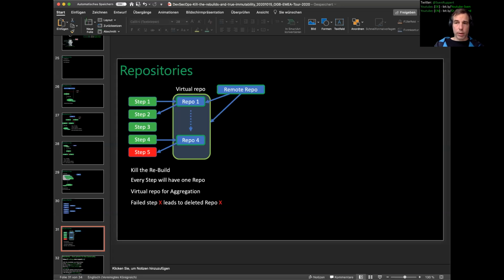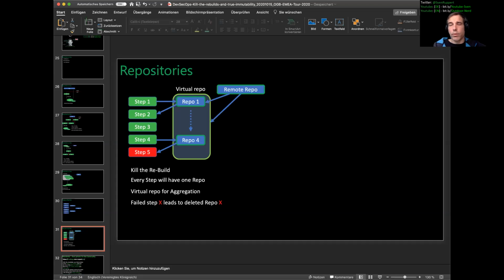If you rerun your pipeline because you have failed builds, you're just redoing the failed build steps. So build a fine-grained build pipeline with fine-grained steps, and then you can just rerun the latest steps. So you're killing rebuilds because every previous step is not done again, and you're speeding up because you're just working on the thing that failed, and then you can improve.